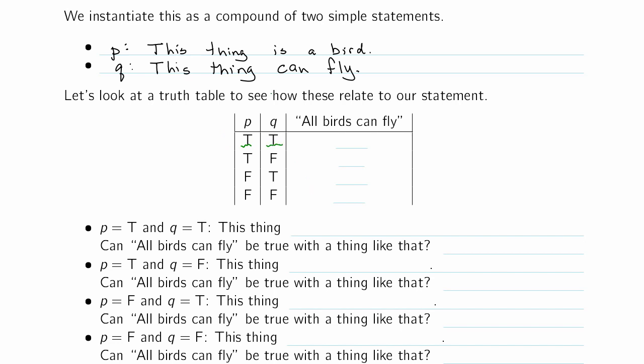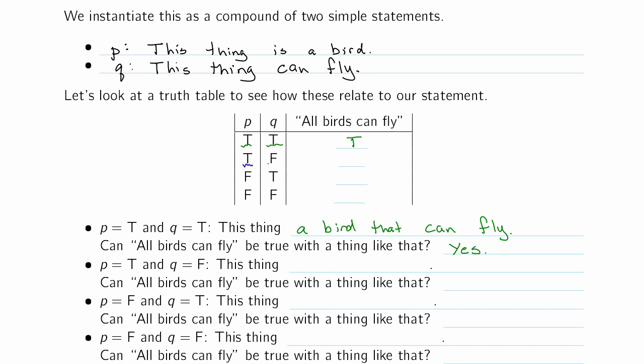That means P being true means we're looking at a bird. Q being true means the thing we're looking at can fly. So this thing is a bird that can fly. If we're looking at something that is a bird that can fly, there's nothing there to contradict all birds can fly. So that's just fine. All birds can fly is still true if all of the things we look at are birds that can fly.